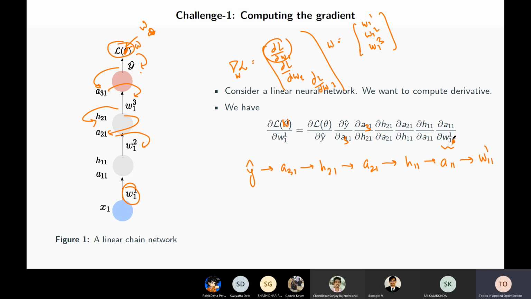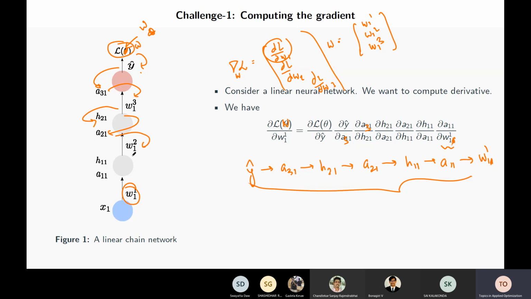According to our notation, this is just w11. This is how we see the network, and that is why we have an expression like this. This is an example of a linear network, and that's how you compute the gradient with respect to W1.